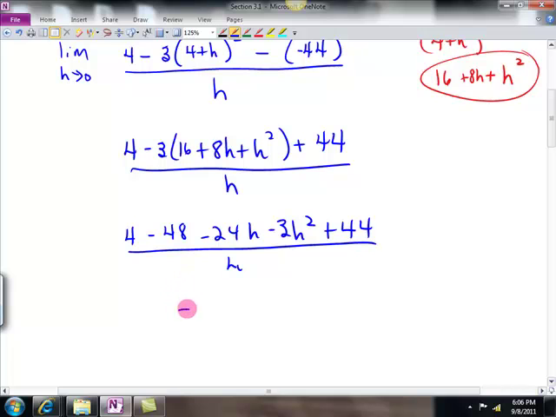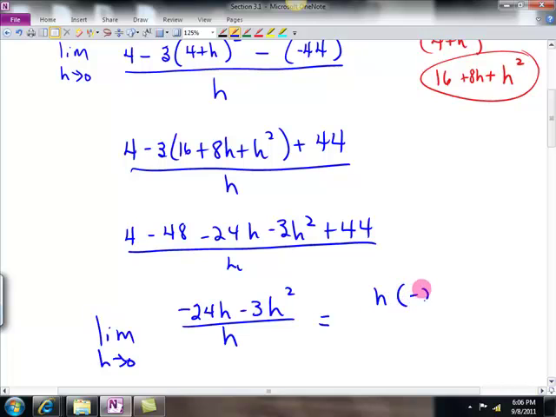Okay, so we have negative 24h minus 3h squared over h. And what are we going to need to do? Because we're trying to take the limit as h goes to 0. So what do we need to do on top? Factor out the h. So that's h times negative 24 minus 3h over h.